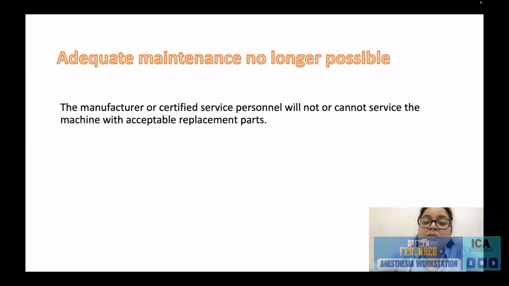The repair or maintenance should also involve testing of the key safety as well as performance parameters prior to patient use. The maintenance record and problem log must also be kept for all anesthesia machines in clinical use. And the machine should be replaced if more than 6 months have passed from the date of the last record of compliance.